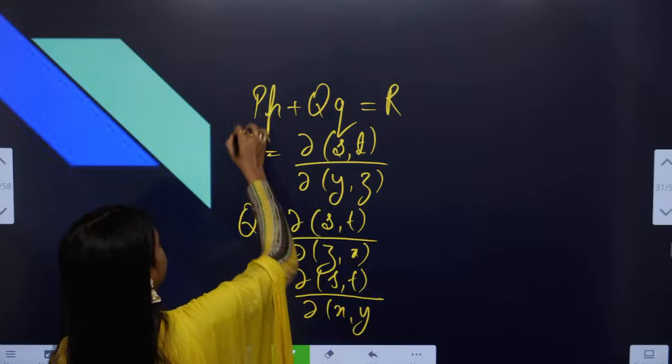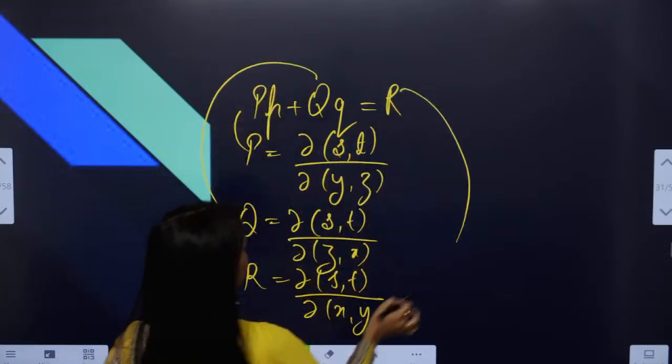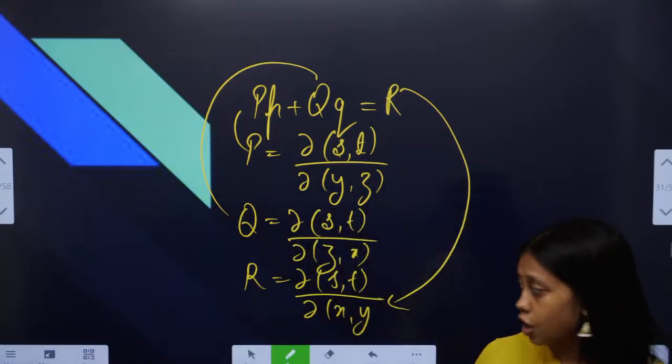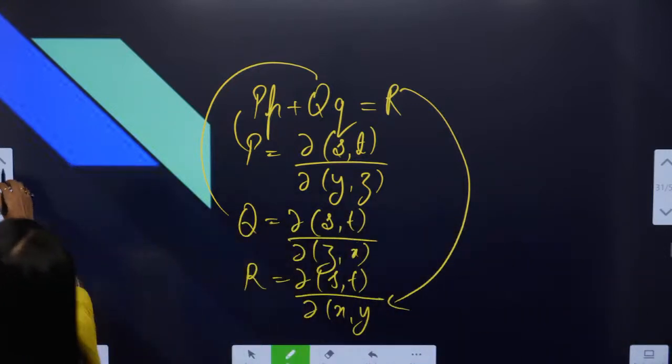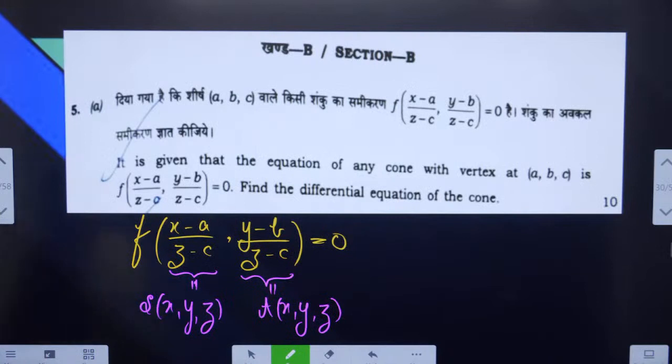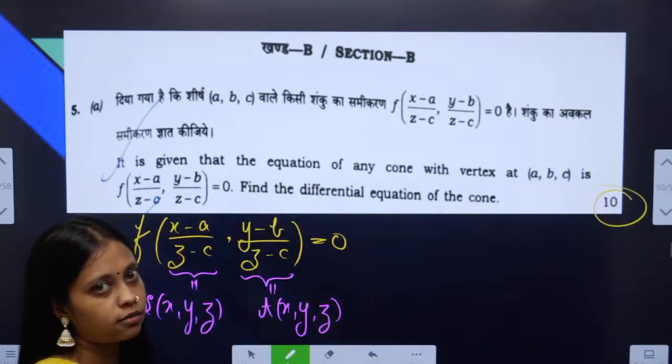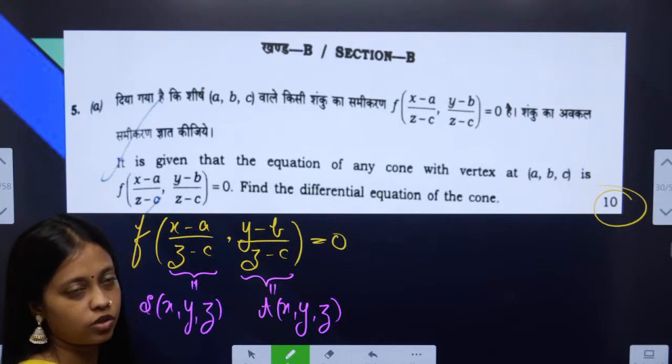Just substitute the values and you will get your answer just by the substitution. So, this was for 10 marks, right. This question was the easiest question, I think.